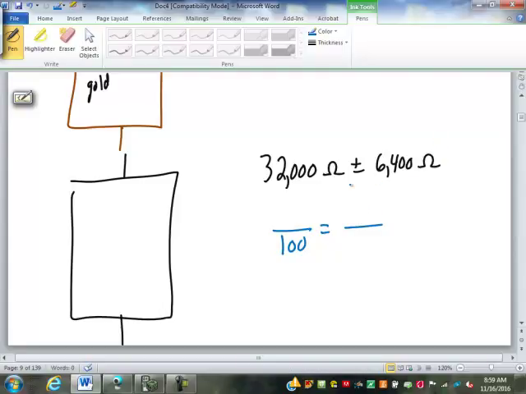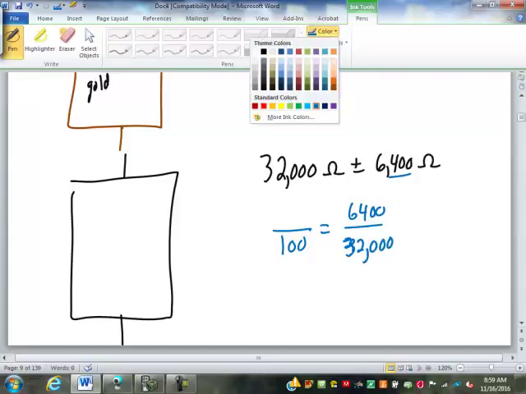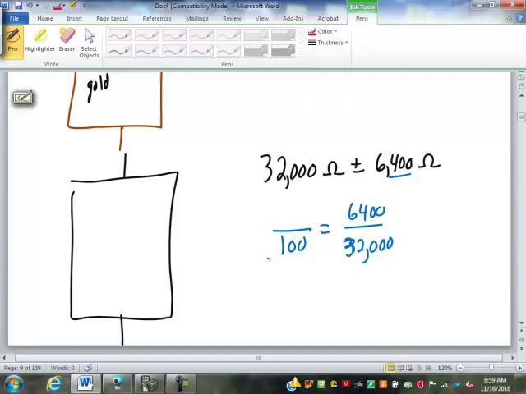Now we'd have to turn it into a relative allowance. So we put the allowance, the 6,400, over our desired value, 32,000. And we cross multiply and divide. 100 times 6,400 divided by 32,000 is 20. So that's a plus or minus 20% resistor.